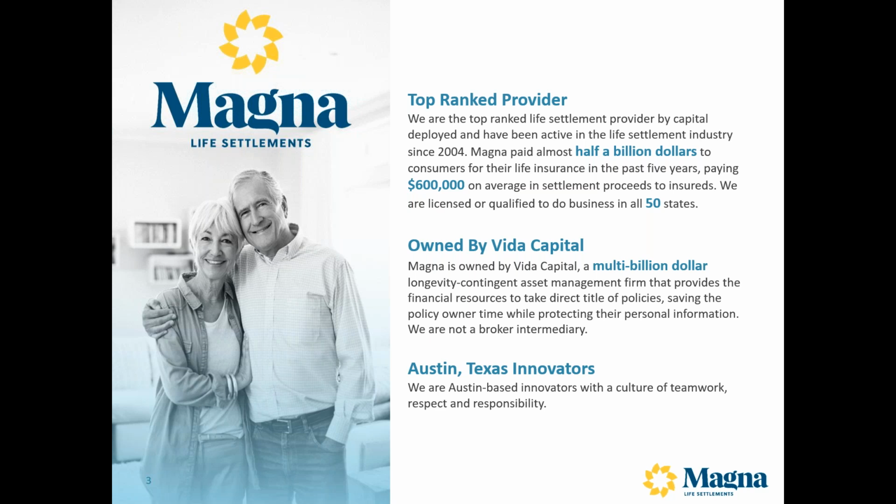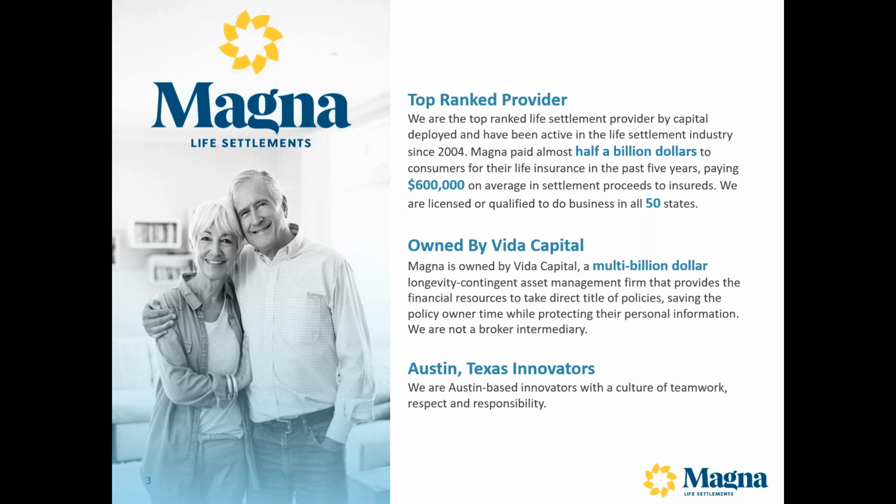You're going to hear competition say, "we bought the most," which is a true statement. What we're saying is that we've paid the most per policy. On an average case of $2 million, we've spent on average $600,000 for those policies.